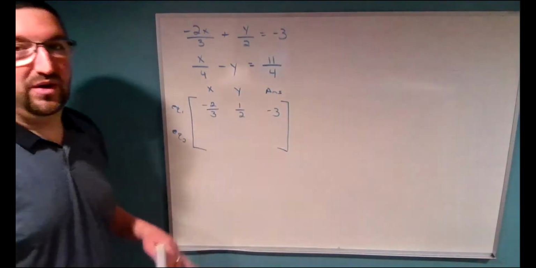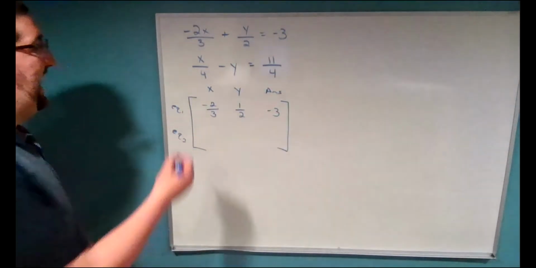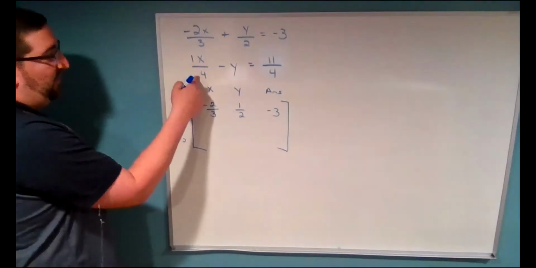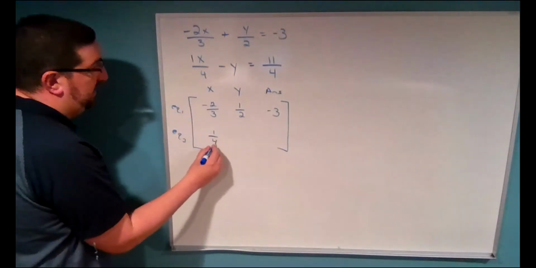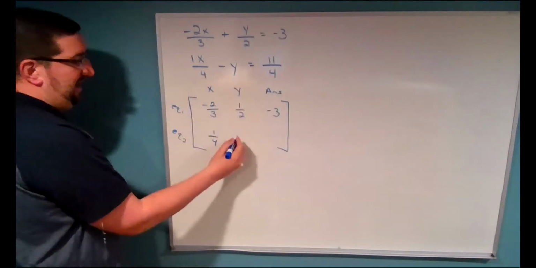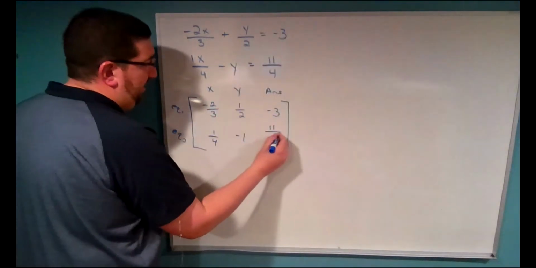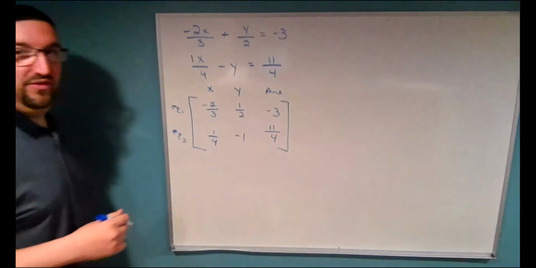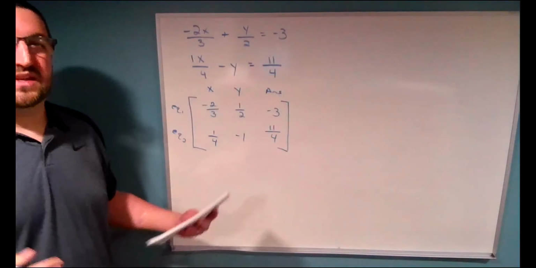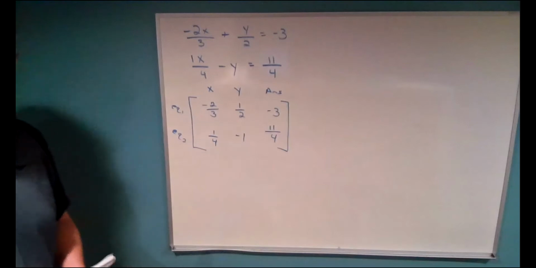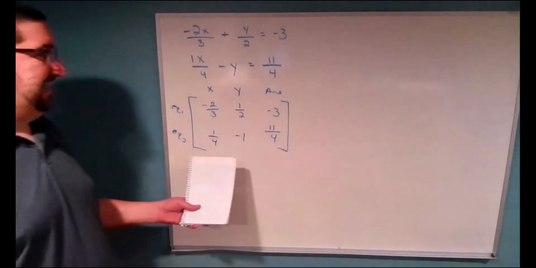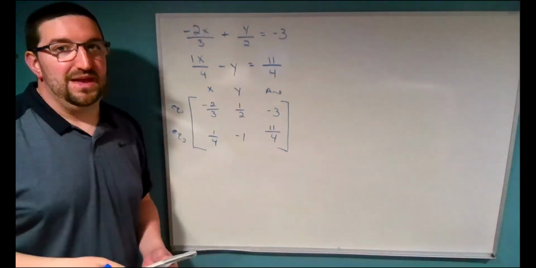X over 4, that's going to be the same thing as 1/4 x. Now, negative y, the coefficient is negative 1, and then we have 11/4.